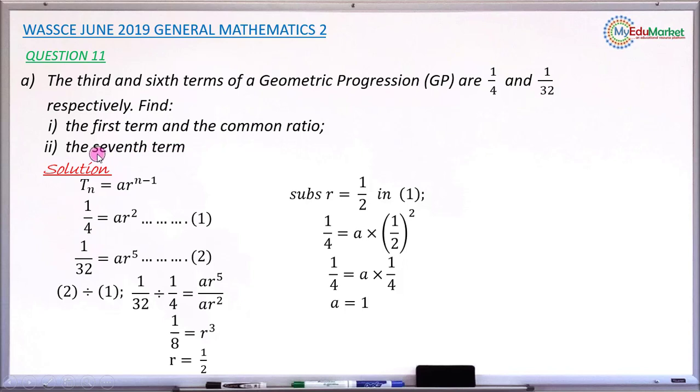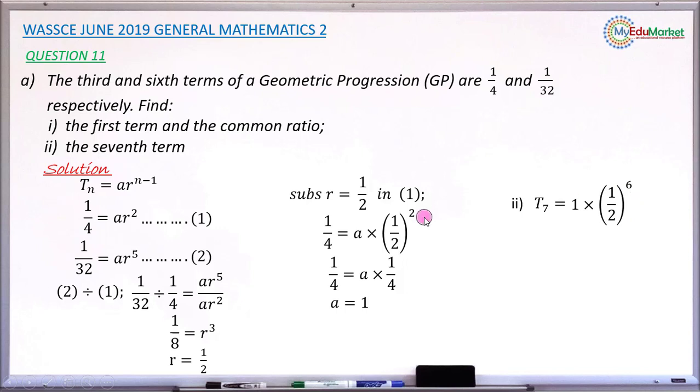In Roman 2, you are asked to find term number 7. For term number 7, you make use of this formula again. So I'm going to have 1 for a multiplied by r raised to the power of 7 minus 1, but r will now be 1/2. Substituted correctly, I have 1 multiplied by 1/2 raised to the power of 6.